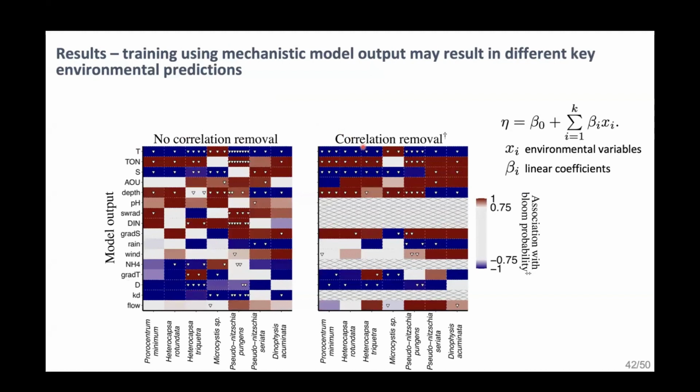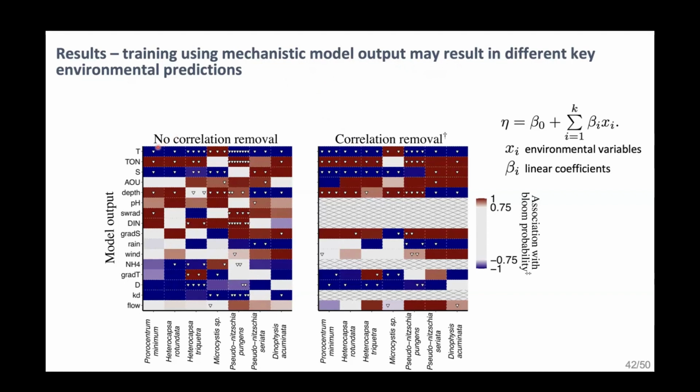Okay, so in the previous slide, I showed you the results when we trained the statistical model using in situ observations. And here I show you the results when we use mechanistic model output to train our model. And we see similar trends as I showed before. But what's important is also that training using mechanistic model output may result in different key environmental predictors.